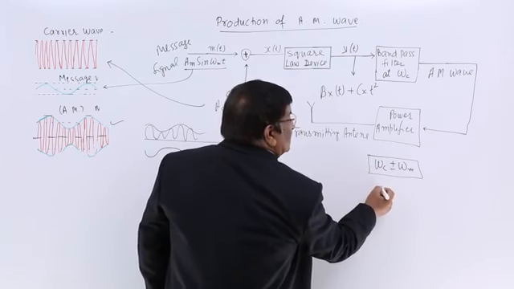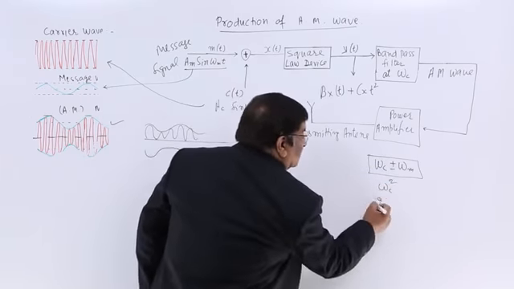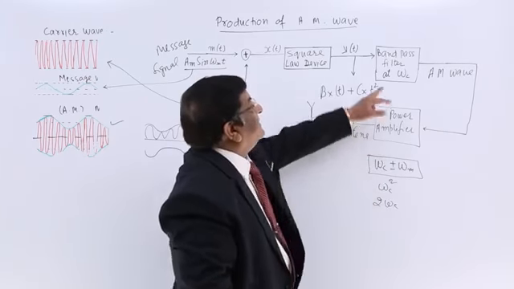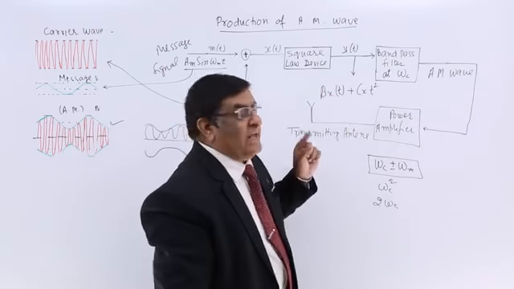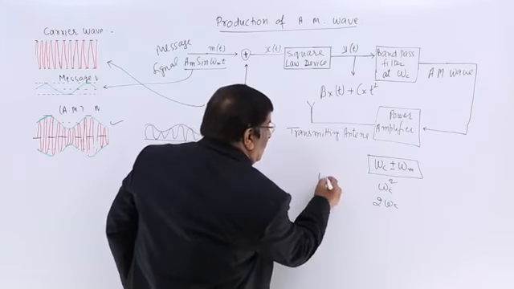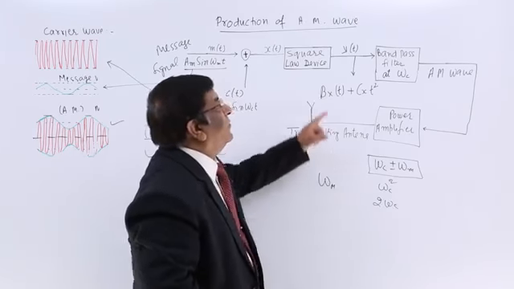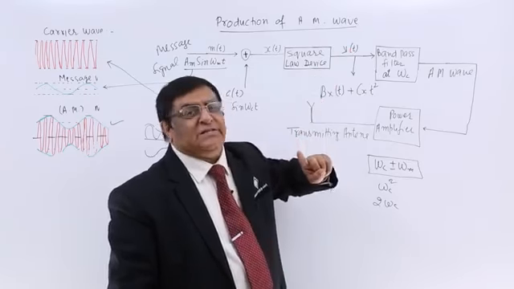But if the frequency is twice omega c, these are very large frequencies, so it will not allow them to pass. They are filtered. If the frequency is very low, only the frequency of the message signal, that is also blocked, not allowed. So which frequency is allowed?